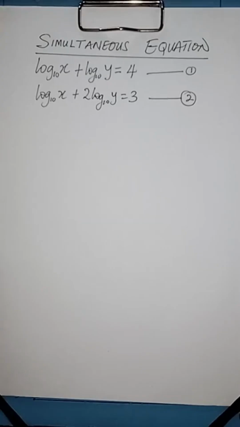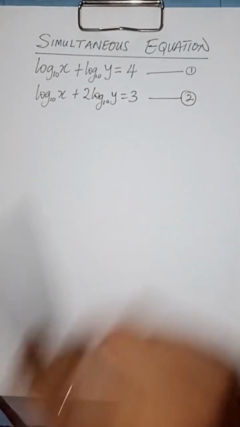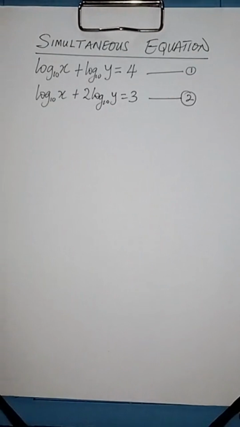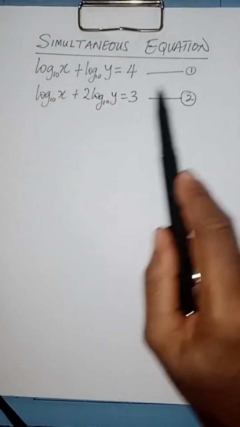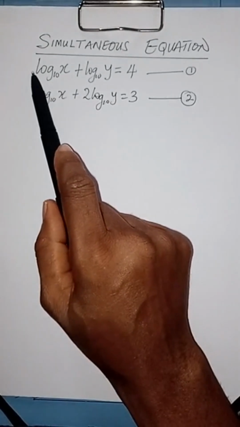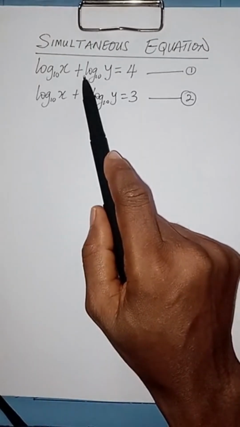So what do we do in using the elimination method in solving simultaneous equations? It's very easy. We look at which of the unknowns we eliminate. We're either going to eliminate x or y. To do that, you must ensure that the coefficients are the same. For example, in equation 1, the coefficient of log x is 1 even if it is not written. The coefficient of log y is also 1.